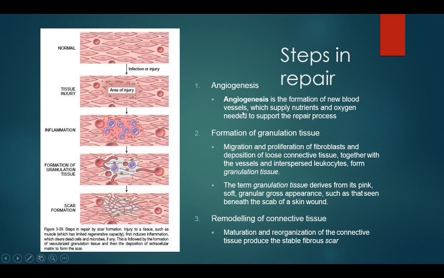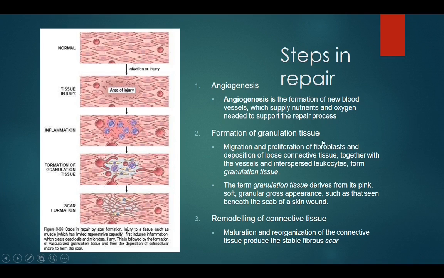It's the formation of new blood vessels because of some cytokines, which are secreted by the area of injury, by the macrophages and all. They secrete cytokines which lead blood vessels to proliferate in that area, supplying nutrients and oxygen needed to support the repair process. So angiogenesis is necessary for the repair process to occur.